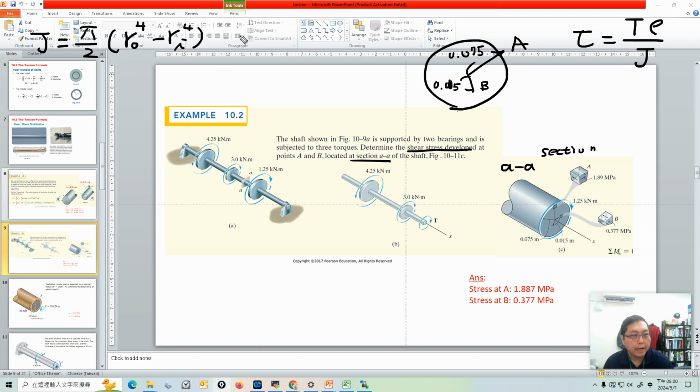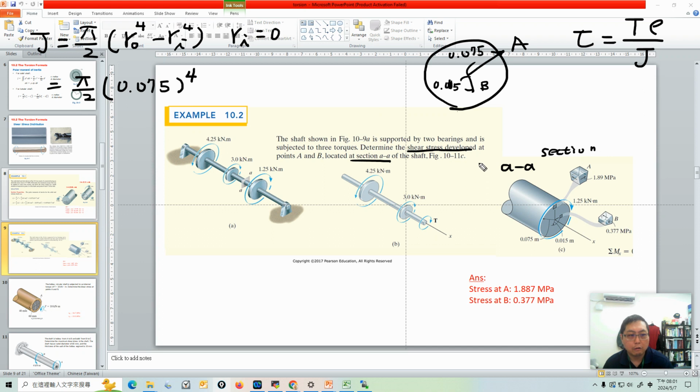Because this is solid, there is no inner radius, so R in equals 0. R out is 0.075, to the power 4. That's J, the polar moment of area of this cross section.